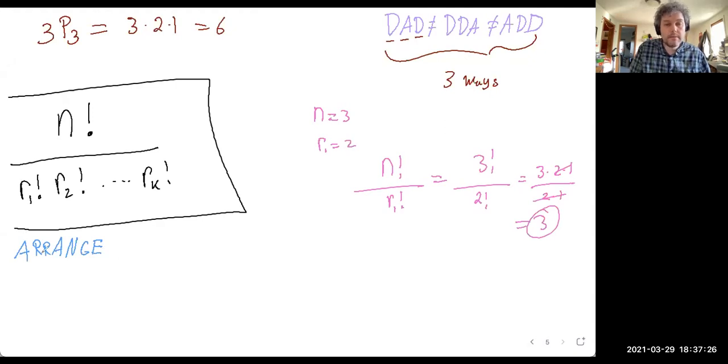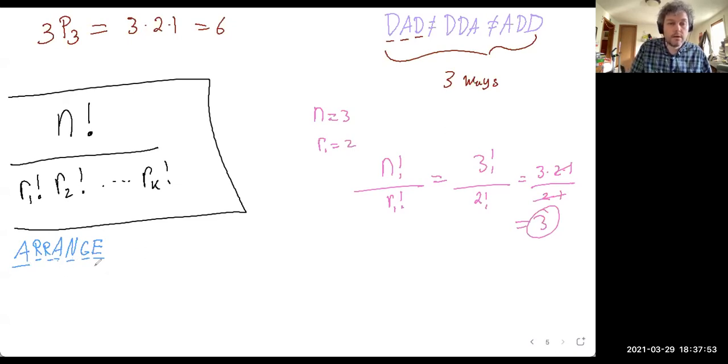Well, because there's repeats, a repeat of the R's and a repeat of A, and I don't think there's any others, we cannot simply go 1, 2, 3, 4, 5, 6, 7 and say this would be 7 factorial, 7 permutation 7. We can't do that because we have repeats here.